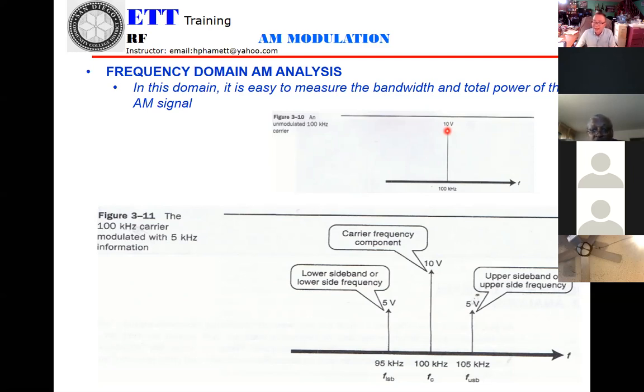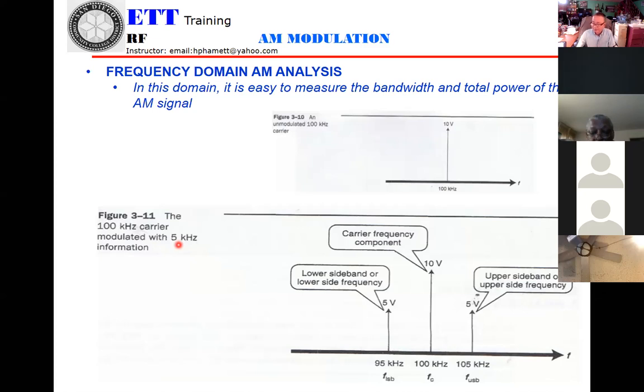Okay? Now, in the second one, figure 3.11, the 100 kilohertz carrier is modulated with 5 kilohertz information. So if you're reading that, you understand fc equals 100K, right? And fm equals 5K.